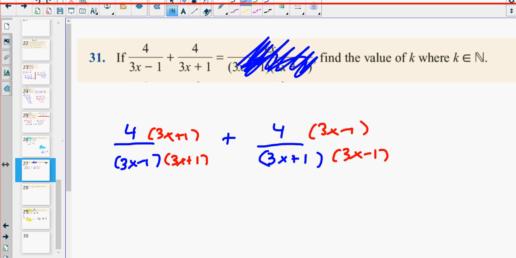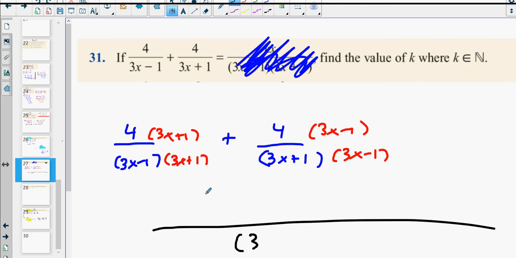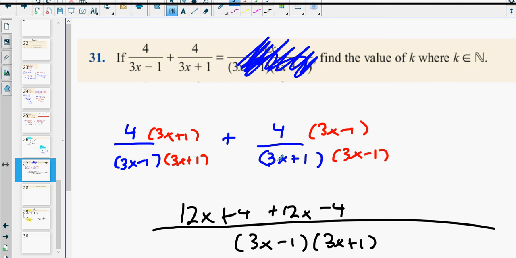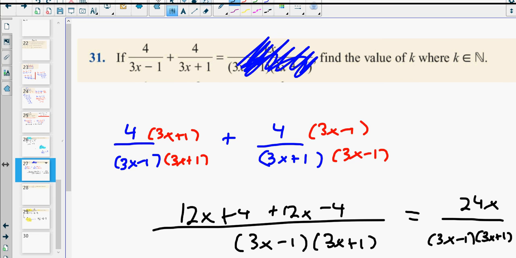We all know the denominator is going to be what? Or the other way around, yeah, all day long. And then 12x plus 4 plus 12x take away 4. And that results in an answer of over that denominator, yeah. Now, have I answered my question yet? No, we're just going to rub this out.